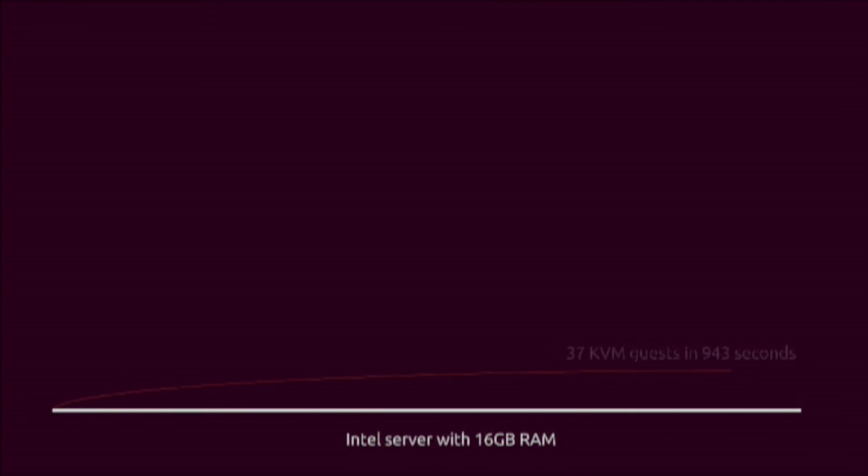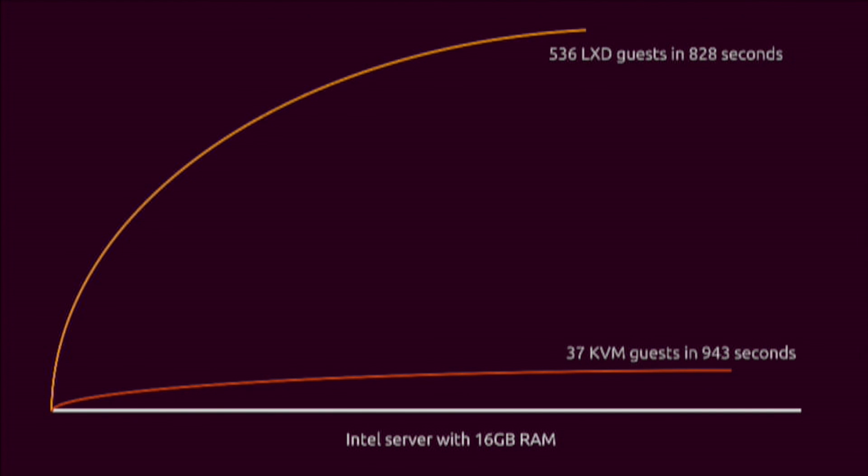Same server, we launched our 37 in 943 seconds, and then it was amazing to see that we had launched more than 14 times the number of instances, but in about 20% less time than KVM. So startup time matters, and the density matters, and that really combines for some powerful technology.